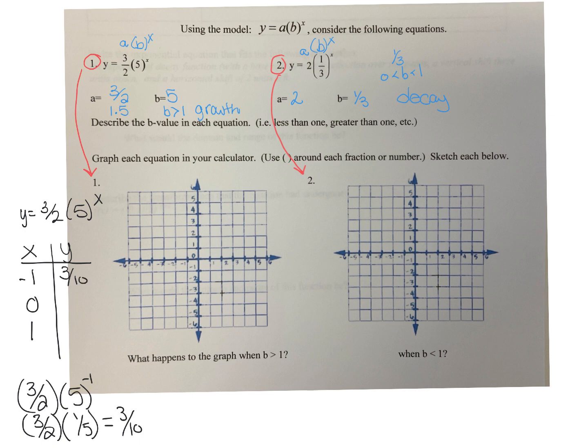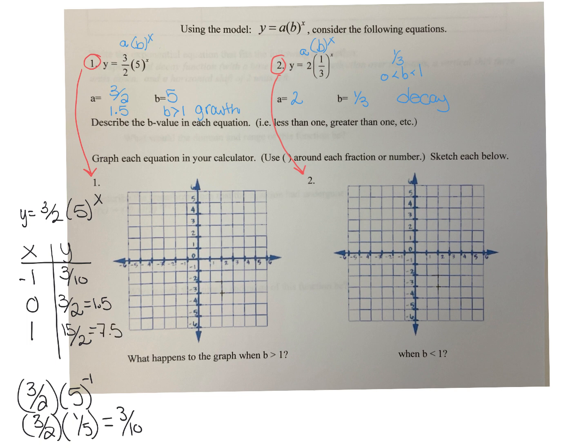For the next one, anything to the 0th power is 1, and then 1 times 3/2 is just 3/2. And for the last one, 1 as a power makes the 5 just a 5. 5 times 3/2 is 15/2. And if you don't like that, we can change both these. This is 1.5 and this is 7.5.